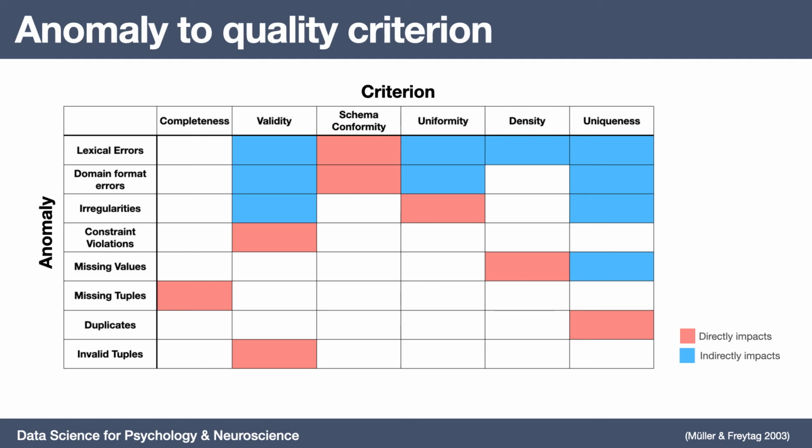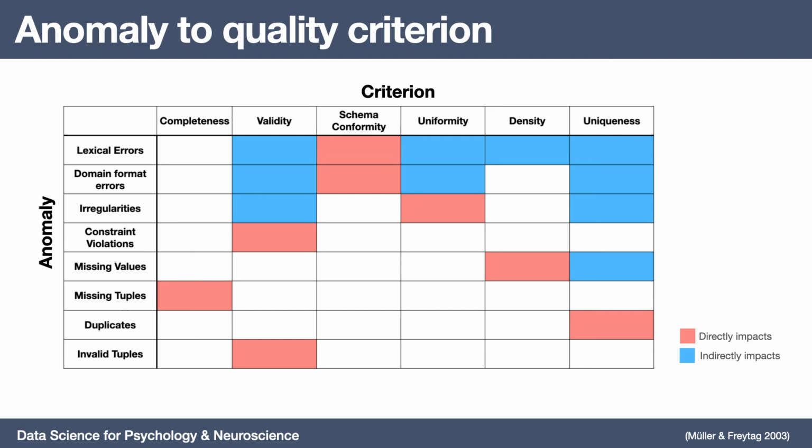So you see there's this complex relationship between each data quality criterion and each anomaly. And you really want to take to heart understanding this relationship, because the goal is to understand how to search for these anomalies and correct for them, in order to have your data be as high quality as it can be before you start your investigations.